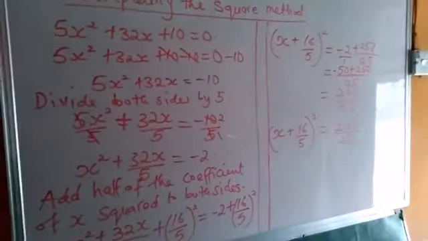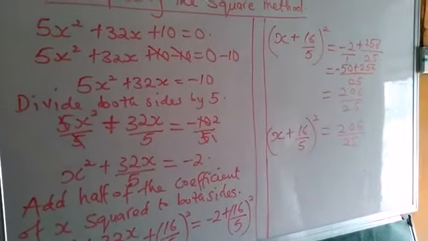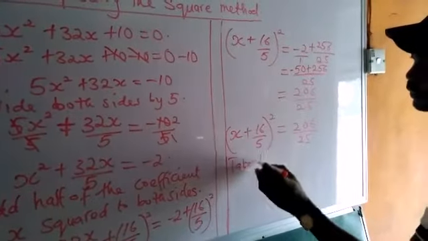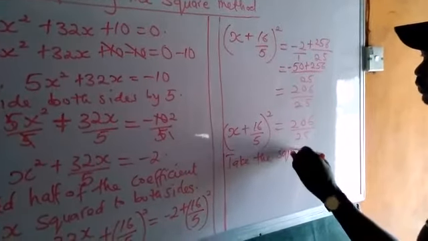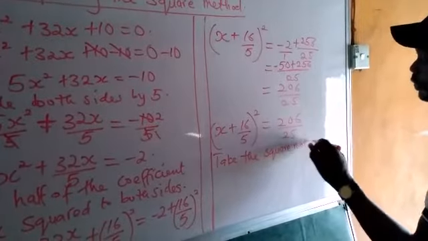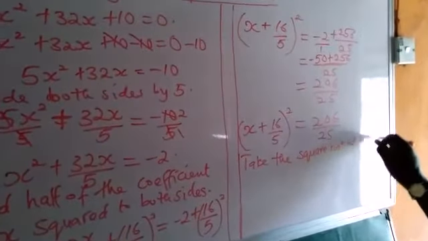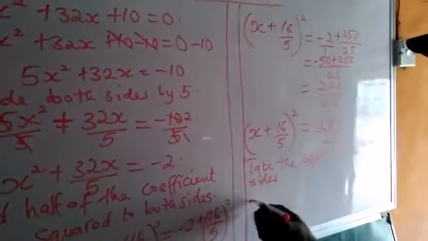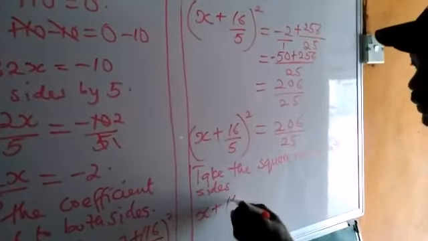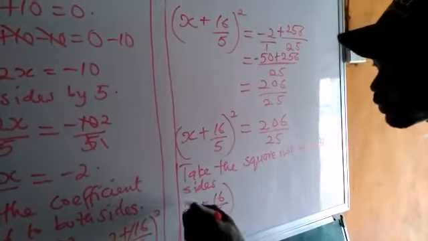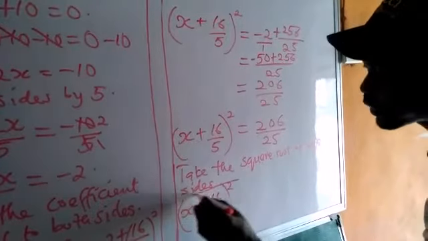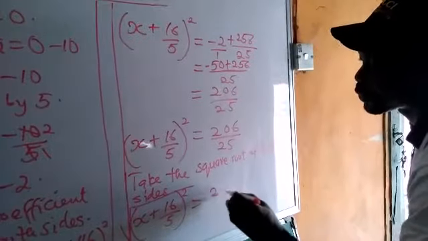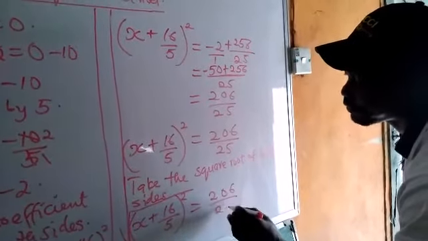So at this junction now, what do we have to do? We take the square roots of both sides. So that would be x plus 16 over 5 squared, take the square root of it, equals square root of 206 over 25.